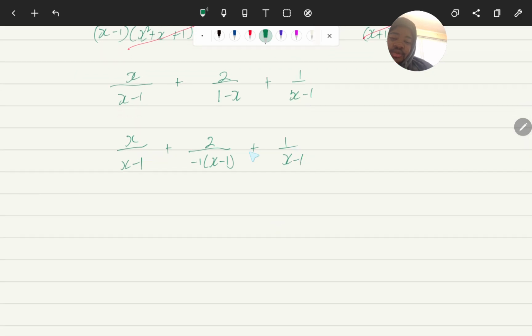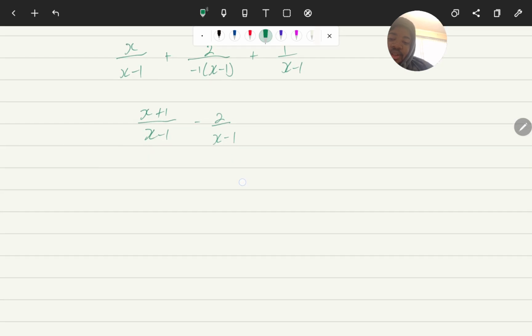Perhaps I can add these two together since they just look exactly the same for now. So therefore I have x plus 1 over x minus 1. So then this minus and this positive, minus 2 over x minus 1.